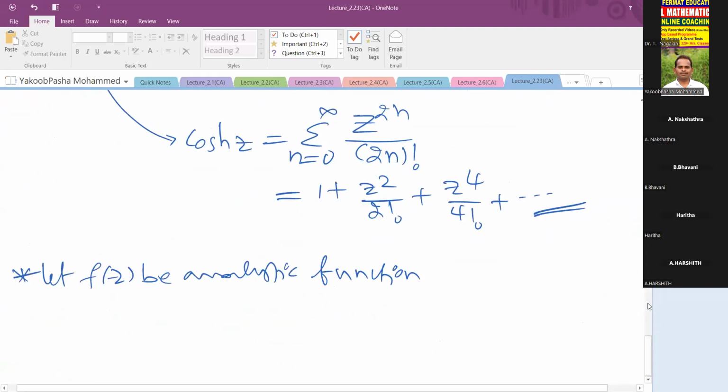Now we are taking f of z as an analytic function in an annulus. Annulus means the region bounded by two concentric circles.